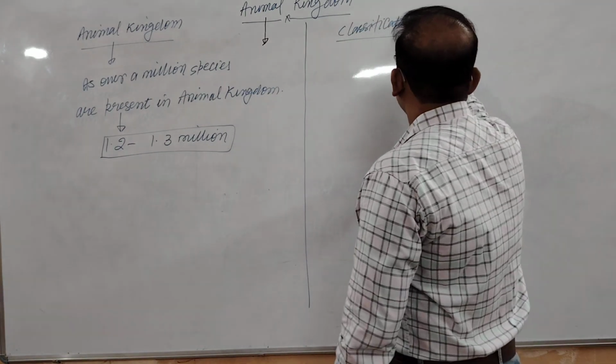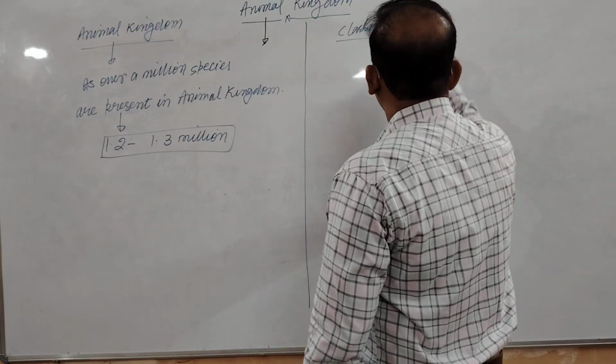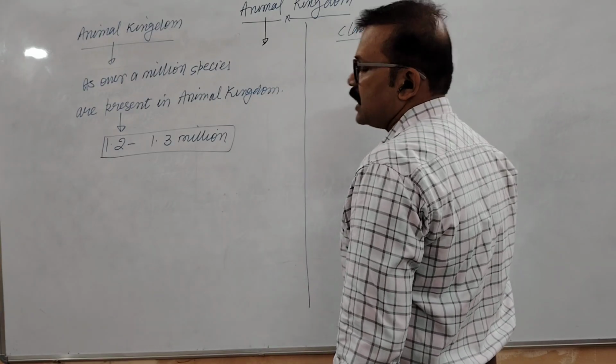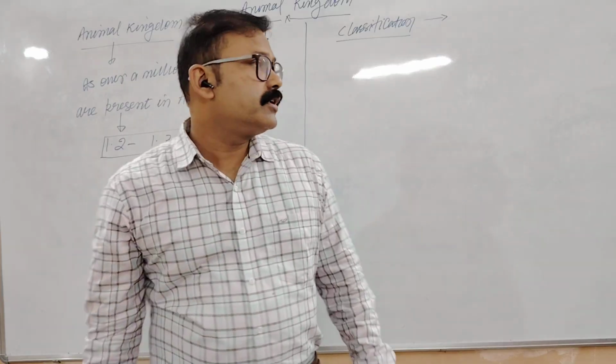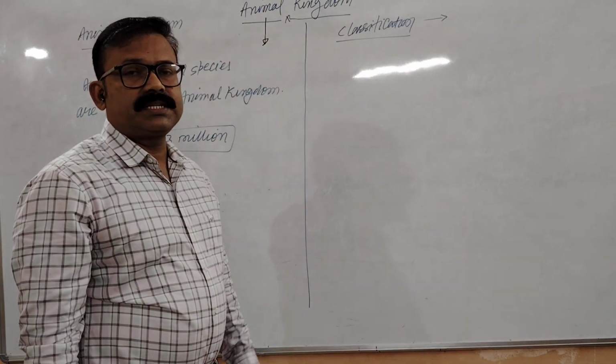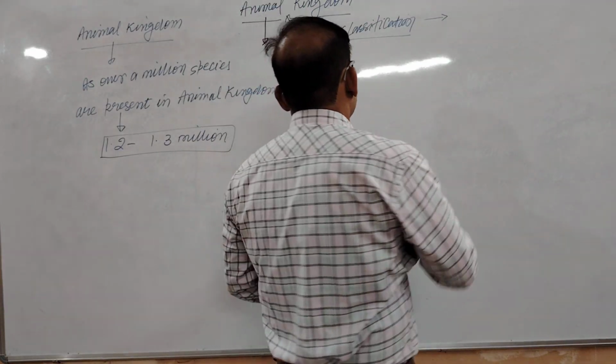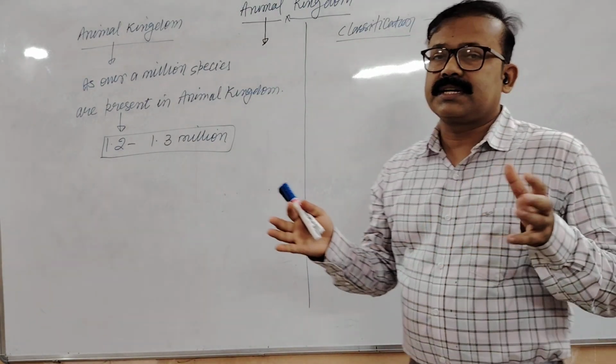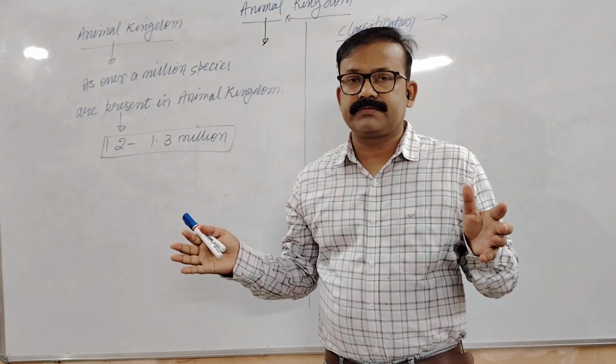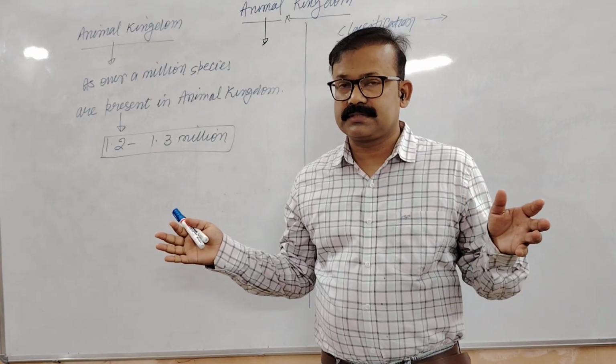So, my dear students, for classifying the animals, what is the requirement? How will you classify the animals present in the animal kingdom? You know that for classification there is a requirement of certain characteristics on the basis of which we compare the different animals.